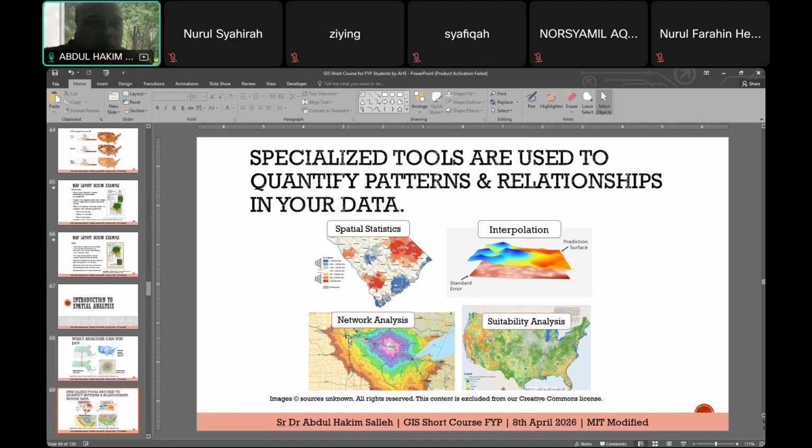You are actually applying network analysis. You find the shortest distance.